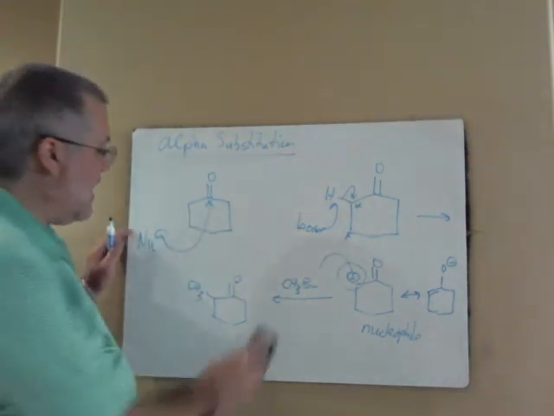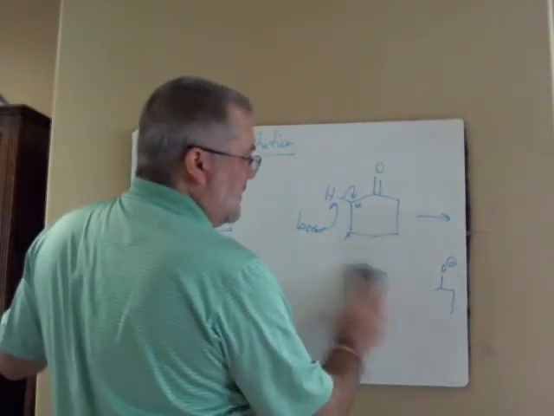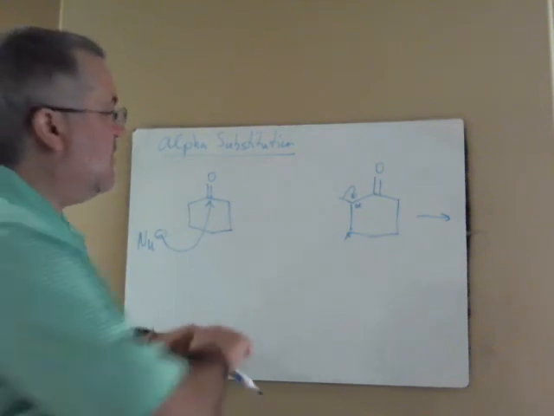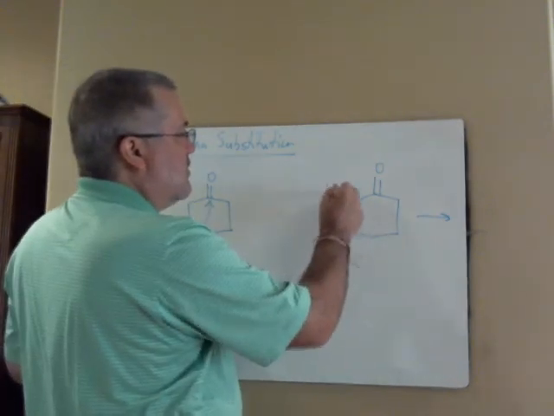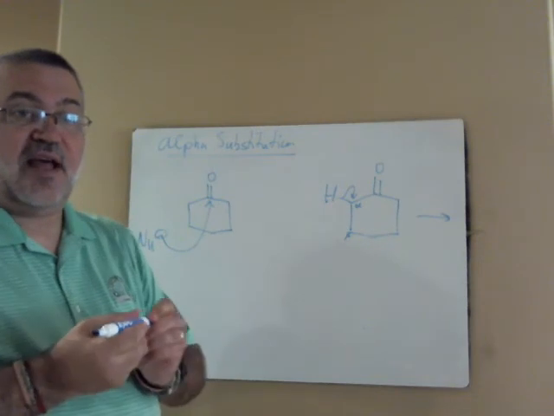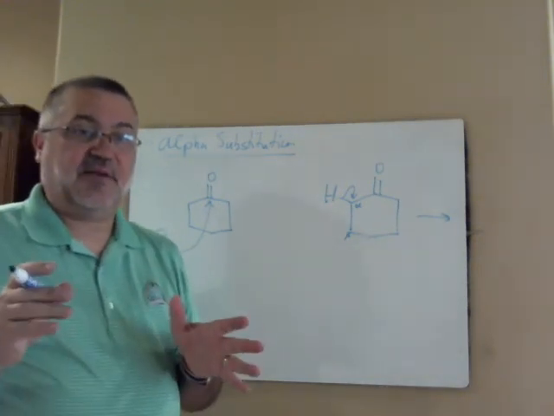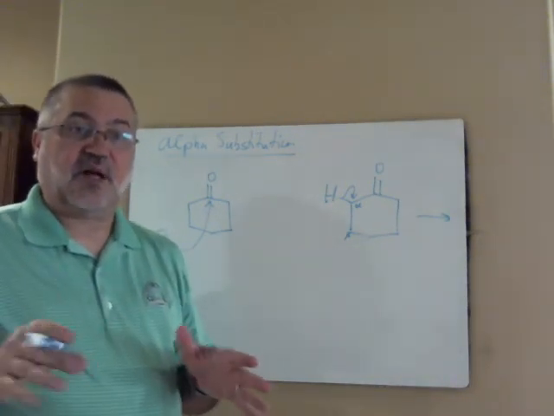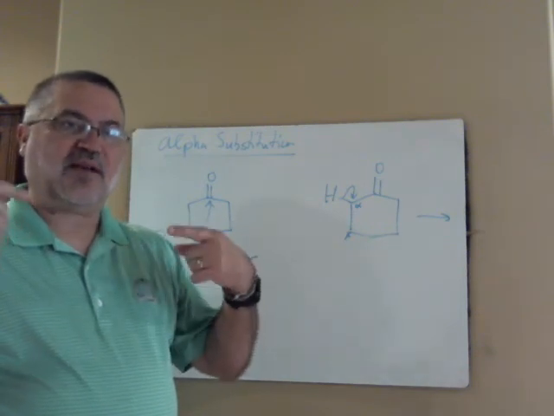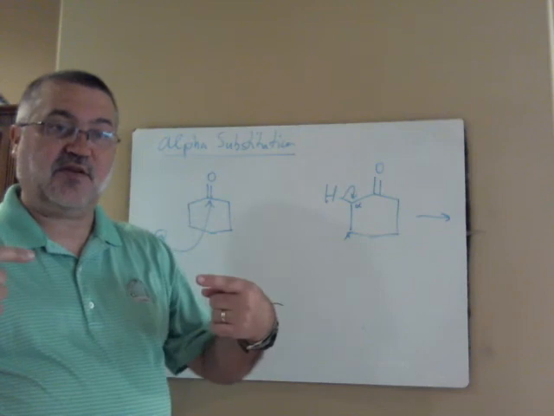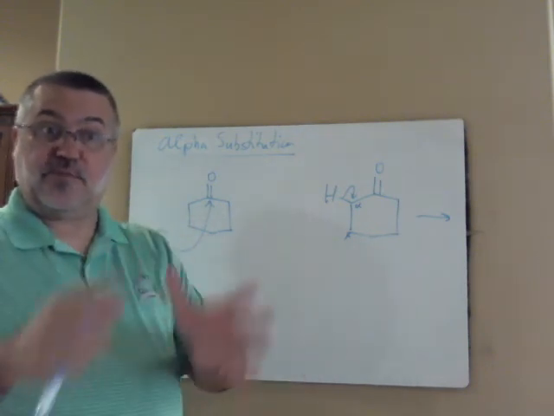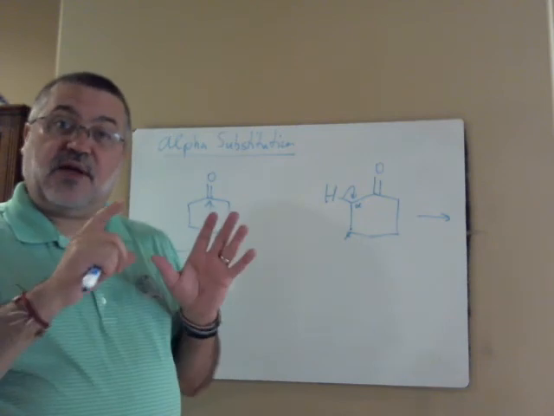And the simple answer is if you want it to undergo alpha substitution, where your nucleophile behaves as a base instead of a nucleophile, it needs to be a base that's not very nucleophilic. We've already talked about that, remember going back to SN2 versus E2? Because it's the same thing, nucleophile versus base.